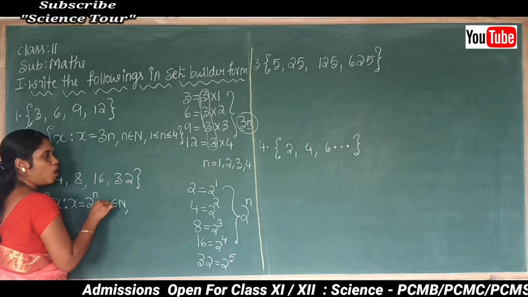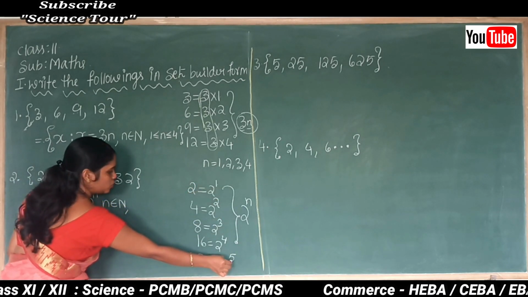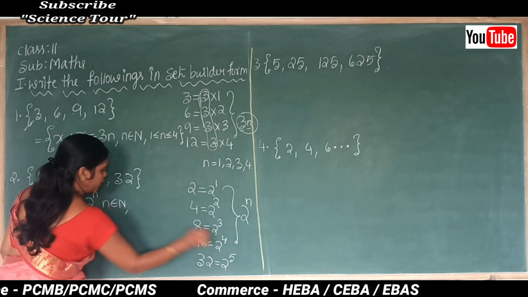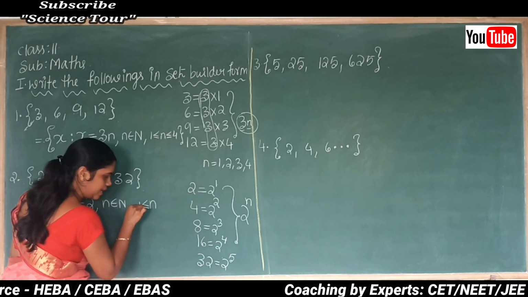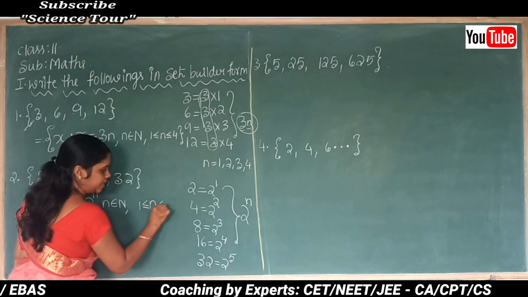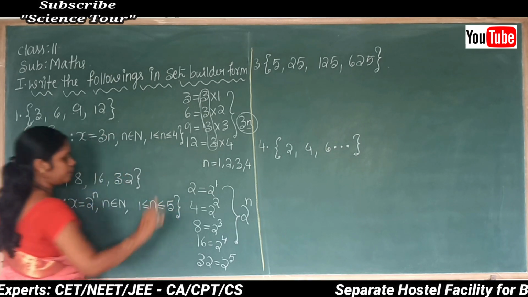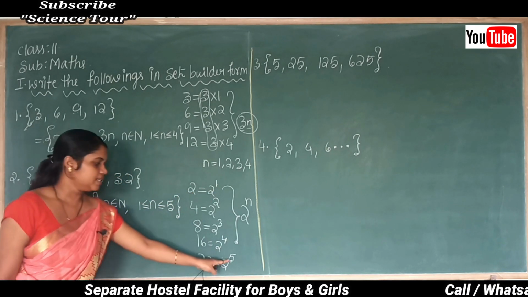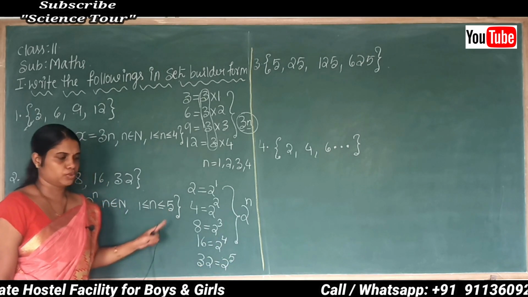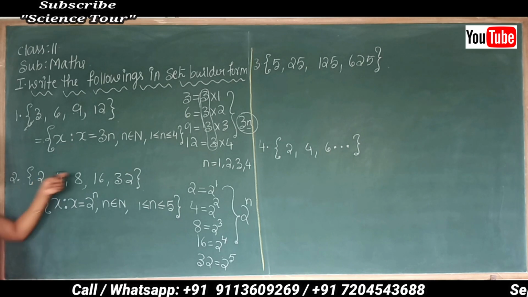Also the value of n lies between 1 to 5, so n is greater than or equal to 1, but less than or equal to 5. This is known as the set builder form of this given set.